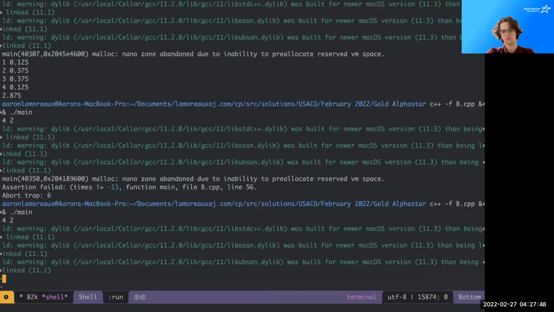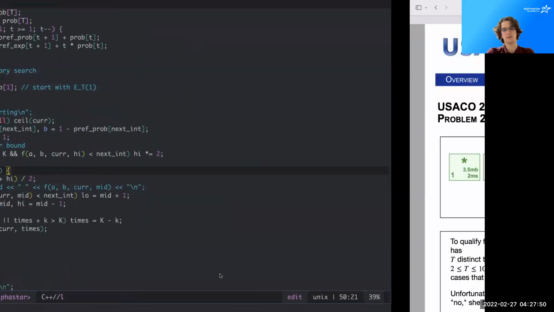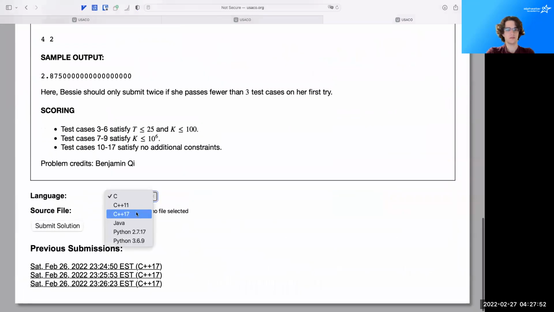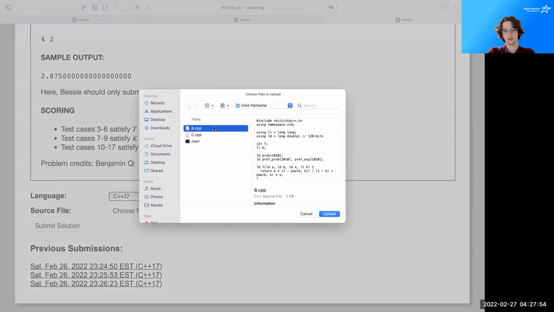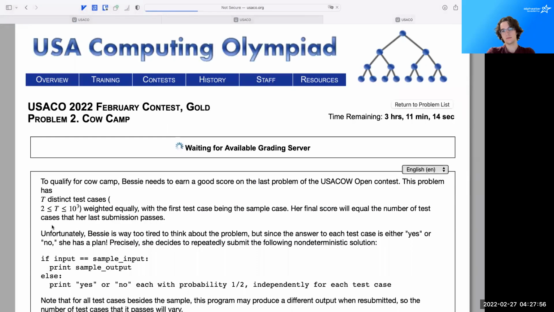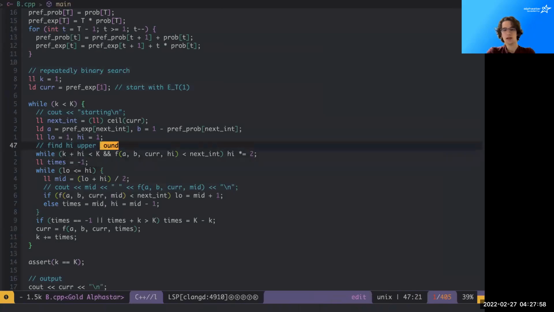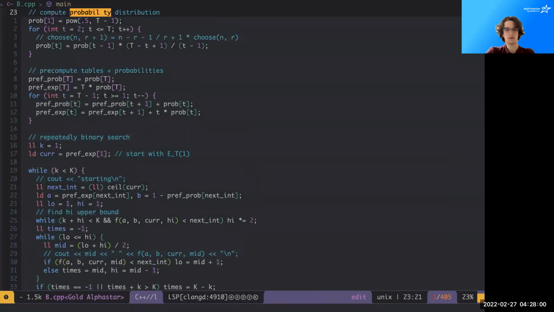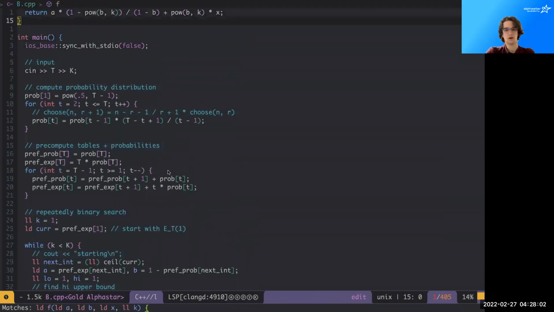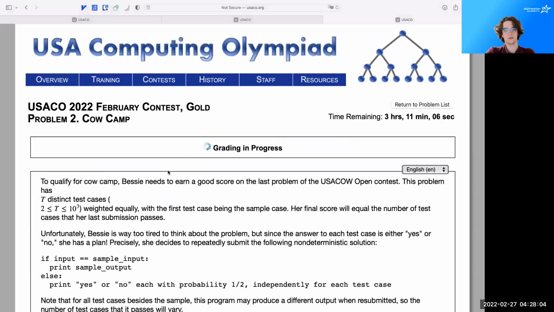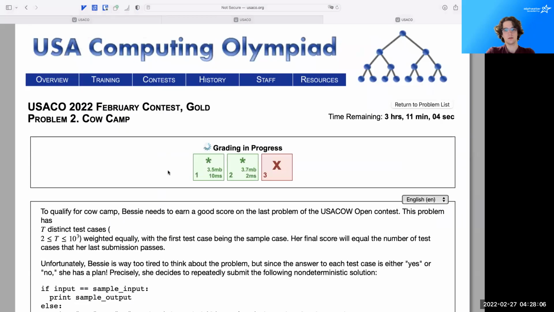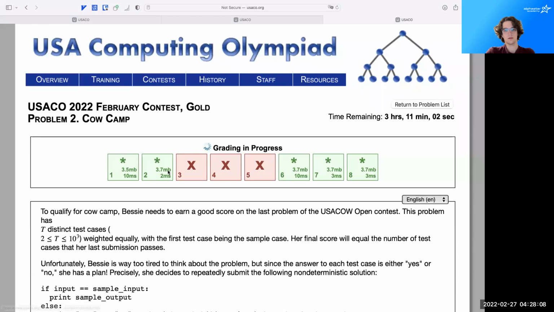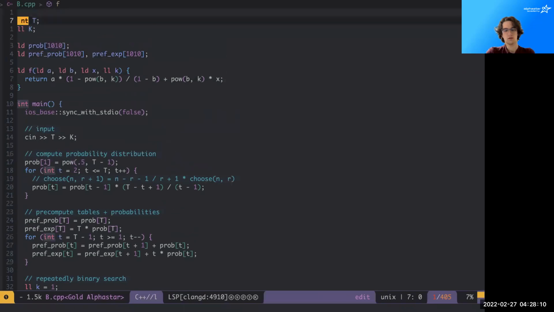I'm not really sure what I'm changing. Again, I don't know if this is a bug, but with USACO, you really can just send as much as you want. So we're just going to submit. I don't really know what I would. Is it because of precision anywhere?